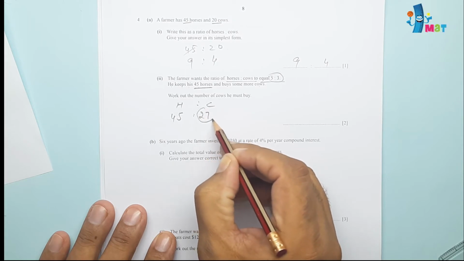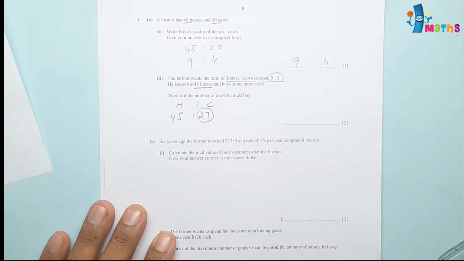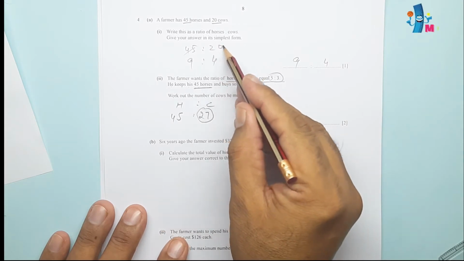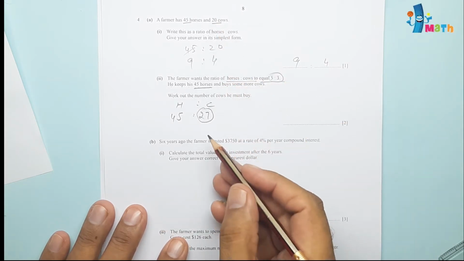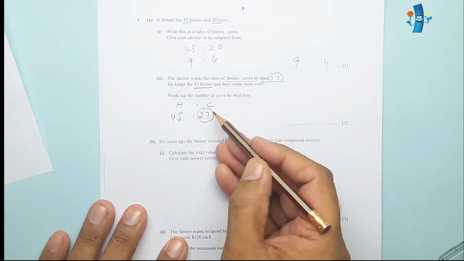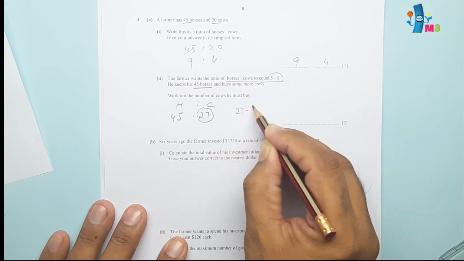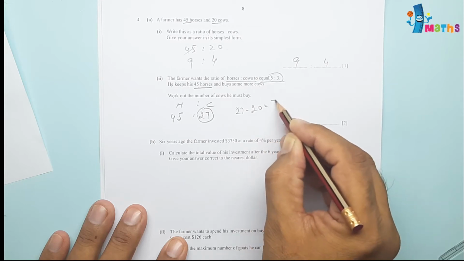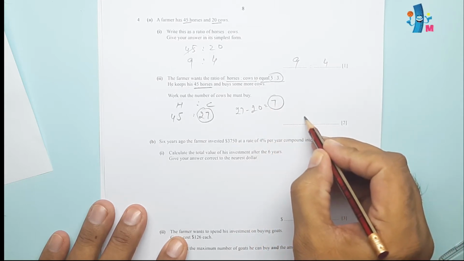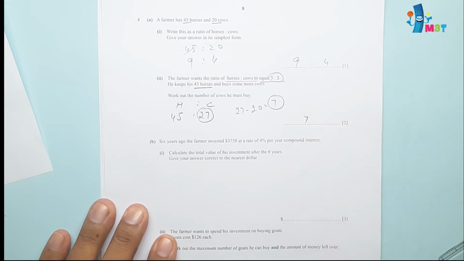So 27 is the required number, but he is already having 20 cows, which is given in the main question. So 27 minus 20, he will be buying 7 more cows. So number of cows he must buy is 7.